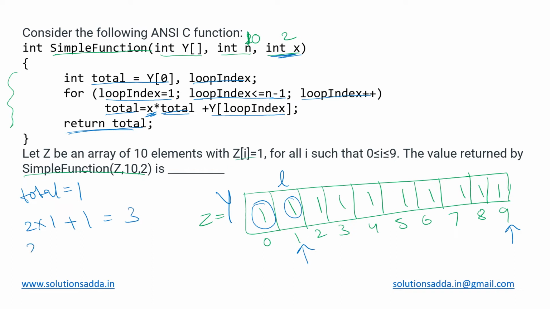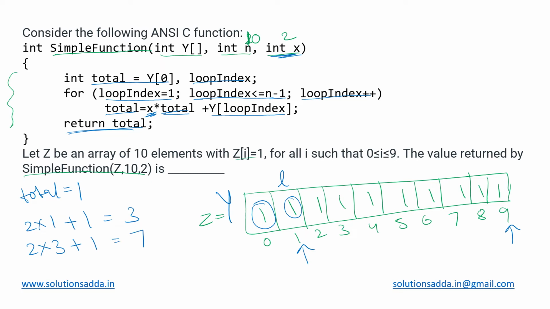Now in the next iteration, x times total, which means 2 times 3 plus y of loop index. y of loop index will always give the value 1 because all the elements of this array are 1 itself, and we're not modifying this array at any place. So this will always be 1. That gives us the value 7.